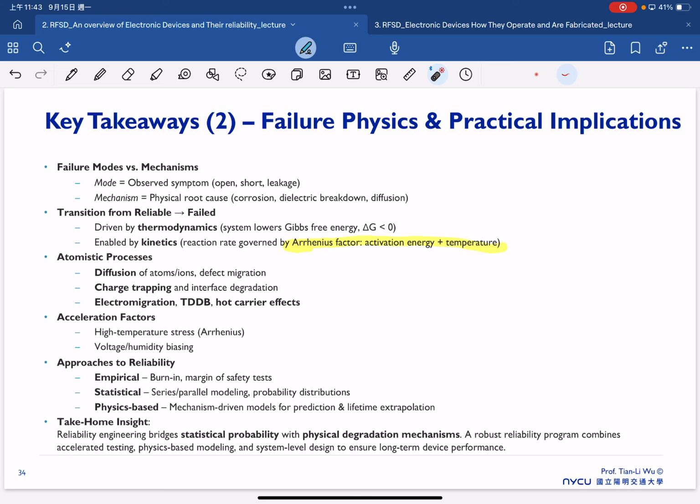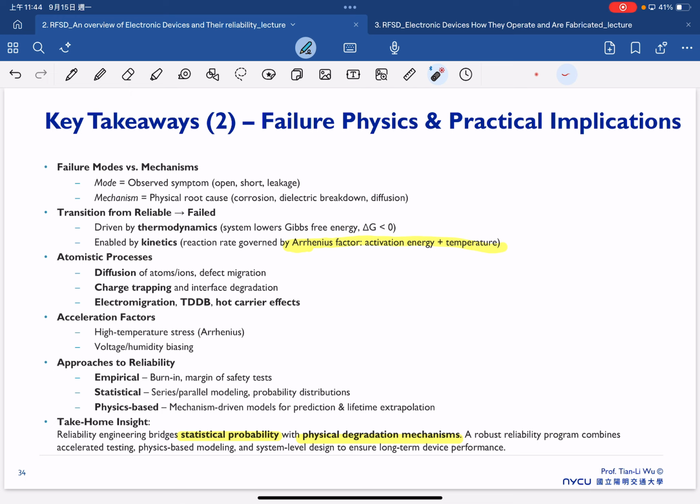And so reliability engineers bridge statistical probability with the physical degradation mechanism. So a robust reliability program combines acceleration testing, physics-based modeling, and system-level design to ensure long-term device performance.